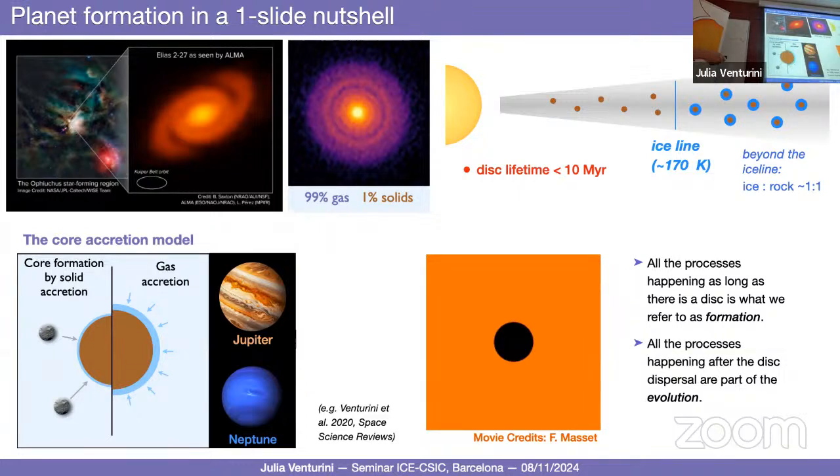Also, we know from observations that the disk lifetimes are within 10 million years. So we have 10 million years to build our planet. To continue explaining this core accretion model, one has to form this solid core by accumulating the solids. When the core is approximately 1 Earth mass, it can start to already bind a thin atmosphere.